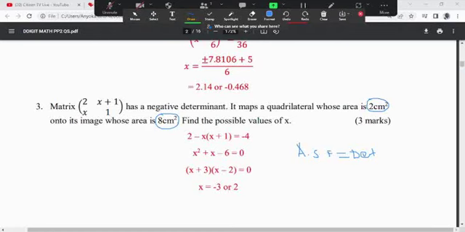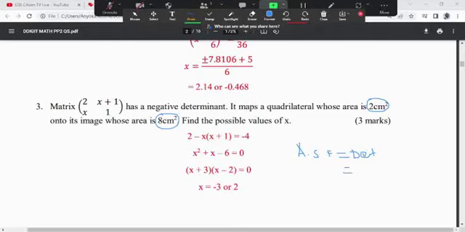So the matrix of transformation we have is 2, x plus 1, x, 1, which transforms an object that has an area of 2 to an image that has an area of 8 square centimeters. So we find the area scale factor.